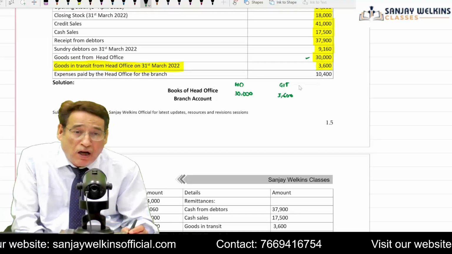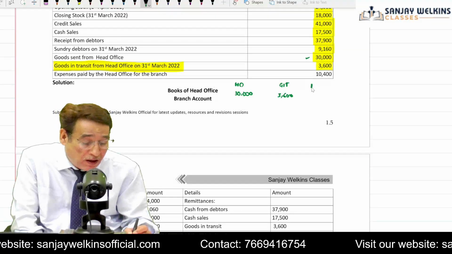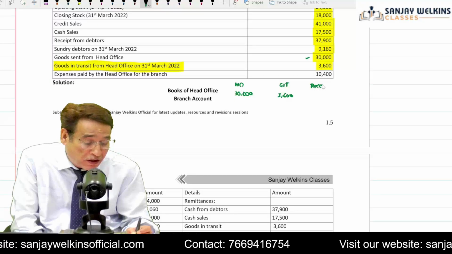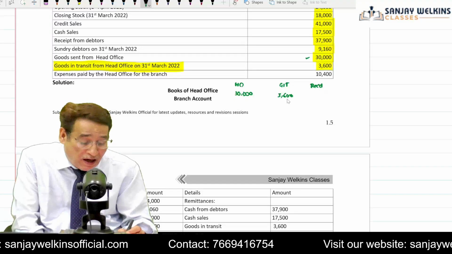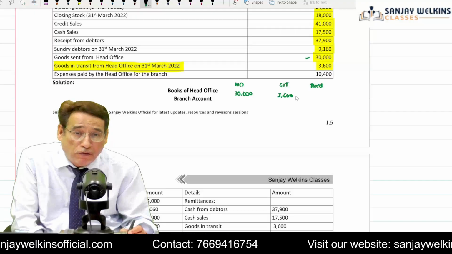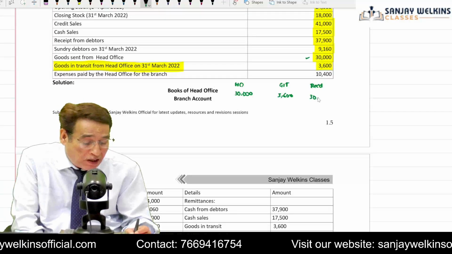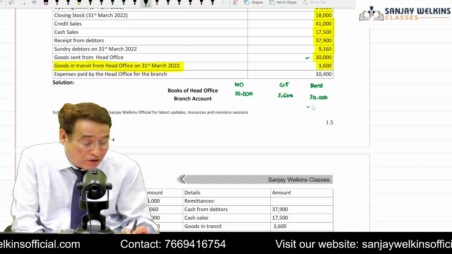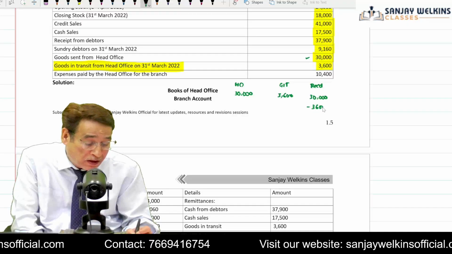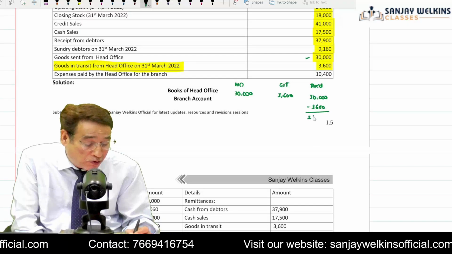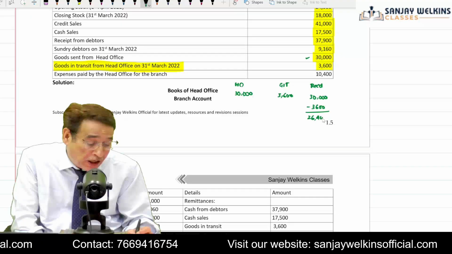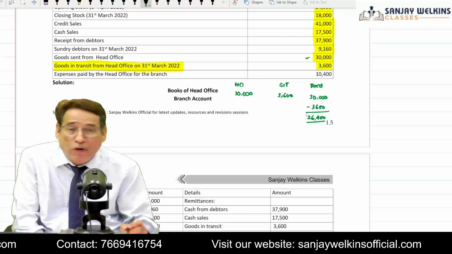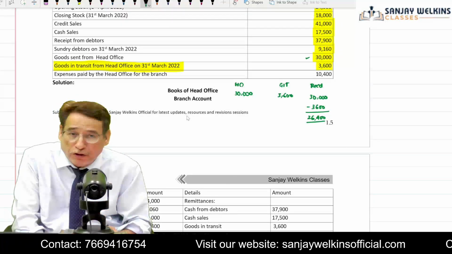How many goods must the branch have received? If I have sent 30,000 worth of goods and 3,600 worth of goods are still in transit, that means the branch must have received 30,000 minus 3,600, that is equal to 26,400. That means the branch must have received only 26,400 worth of goods.